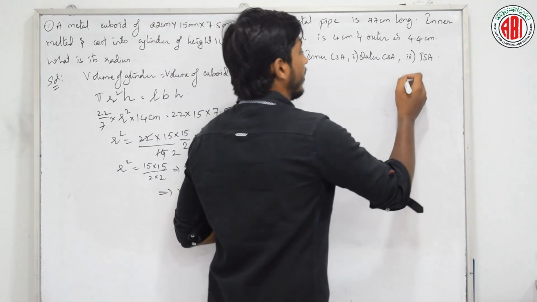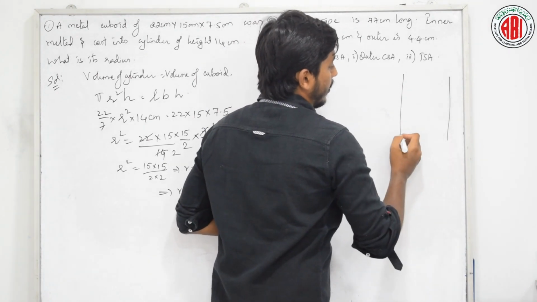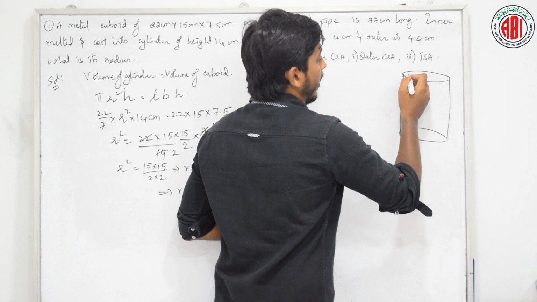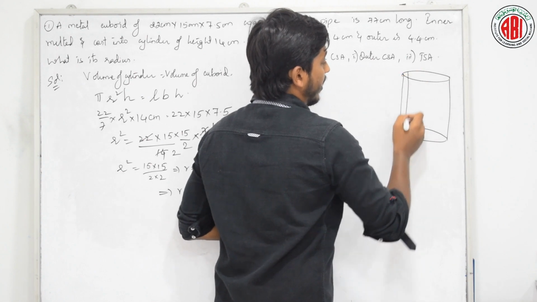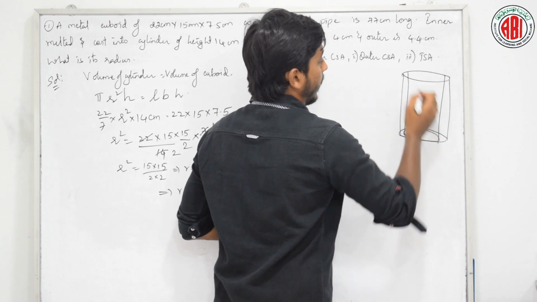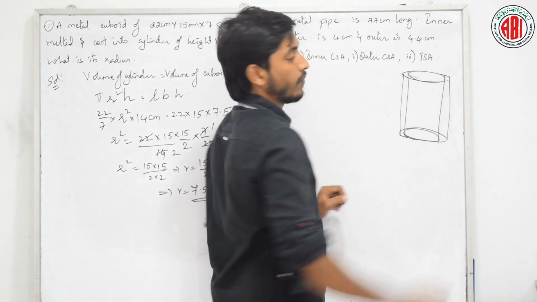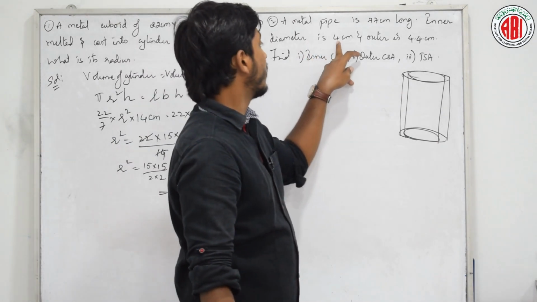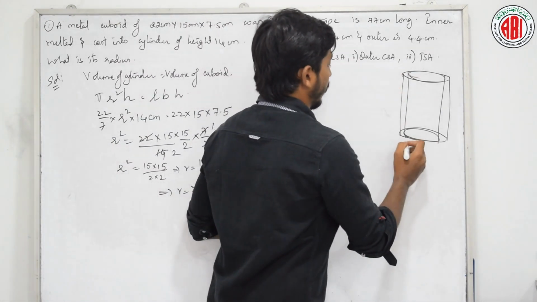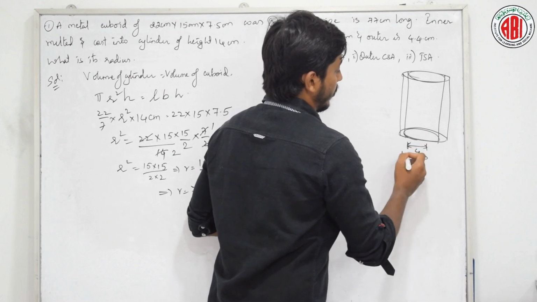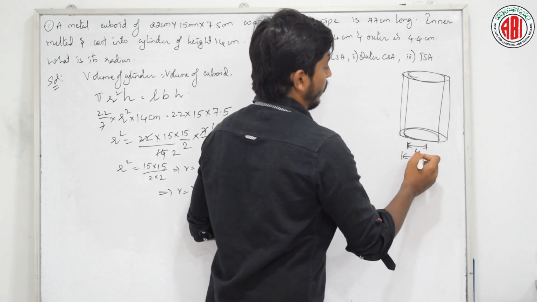That is, there will be one diameter inside and one more diameter outside, right? Then he is telling that inner diameter is 4, outer diameter is 4.4. From here to here it is 4, from here to here it is 4.4.